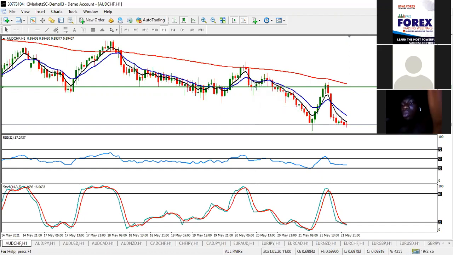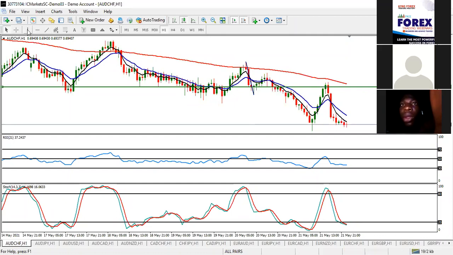So immediately the cross happens, we also want to wait for 50% to 61% level before we take the trade, which means between this place and this place, we want to wait for price to reverse to the 50% level.